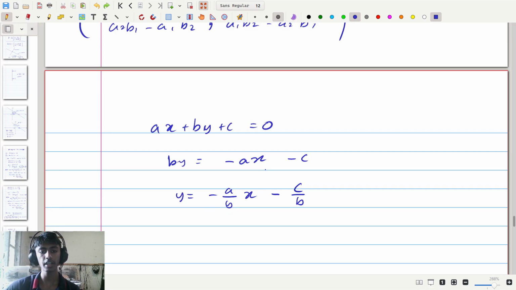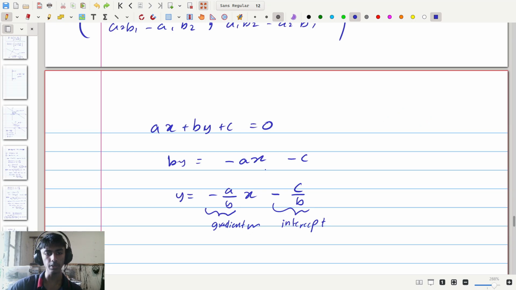Therefore, this right here is the gradient. So we can write this is the gradient m, and this term right here is the intercept. So we can write intercept. Now then, if two lines are parallel to each other like this, we know that they do not intersect anywhere. Given two lines are parallel, we know that they have the same gradient.